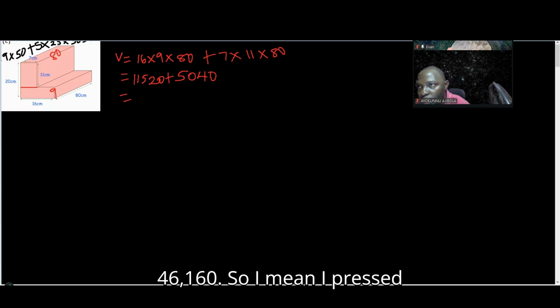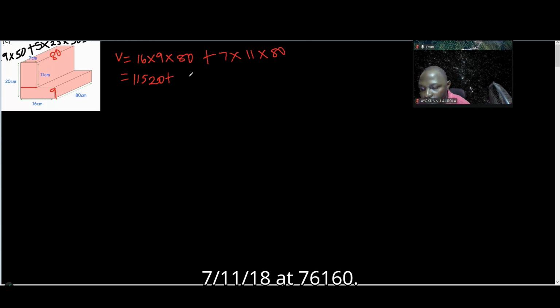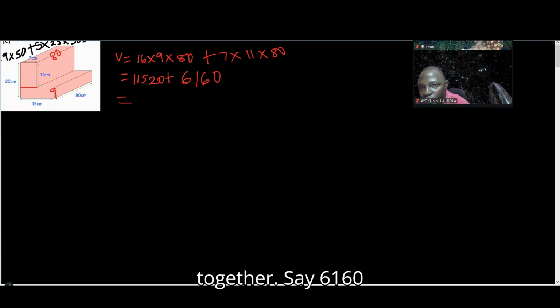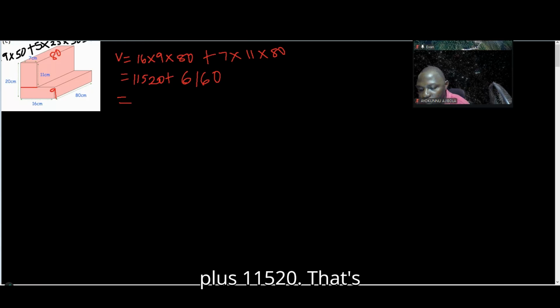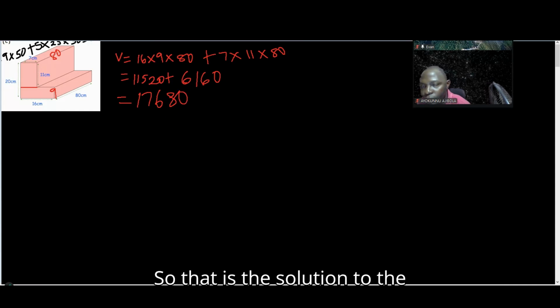So I pressed something that's wrong. 7, 11, 80, that's 6160. So I'm going to add them together. 6160 plus 11,520, that's 17,680. So that is the solution to the first one.